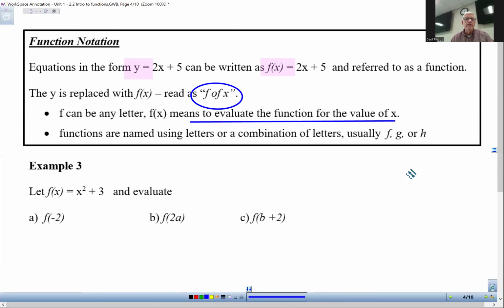Now, f is not always the letter you're going to see for a function. Usually, it's going to be f, g, sometimes h, maybe even k, depending on how many functions you're looking at in a particular problem or situation. So when we're evaluating these, basically we're going to substitute values.